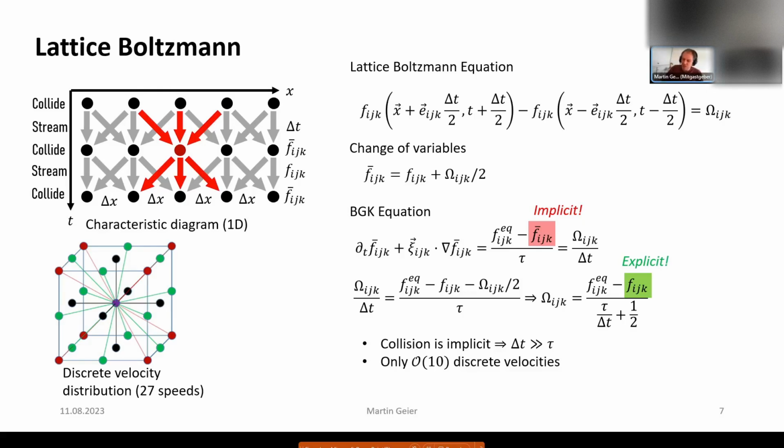So the Lattice-Boltzmann method uses a discretized distribution function. Now we have indices in different directions, i, j, and k, and we stream these particles. Here is a so-called characteristic diagram, where we have one direction in space and one direction in time.